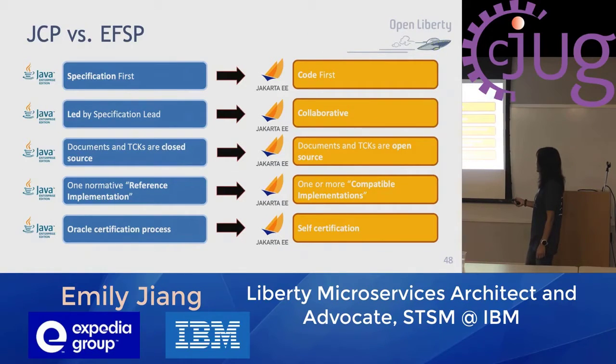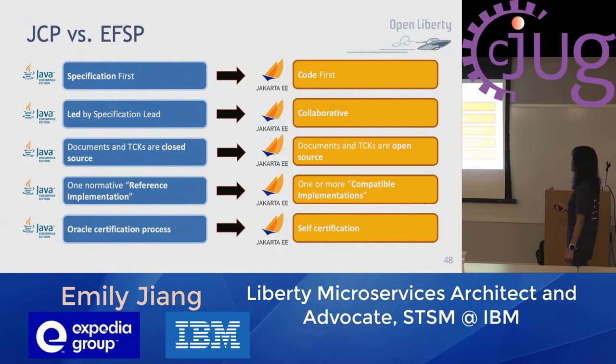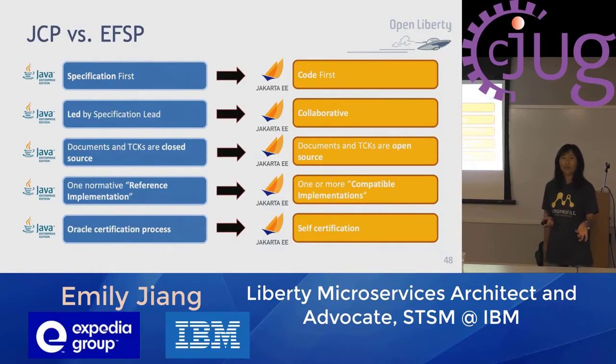The JCP is specification first. It means you write the documentation first. You document what these things are supposed to do. And in Jakarta EE, you write your code first. Also in the JCP, the decisions are made by the spec lead.